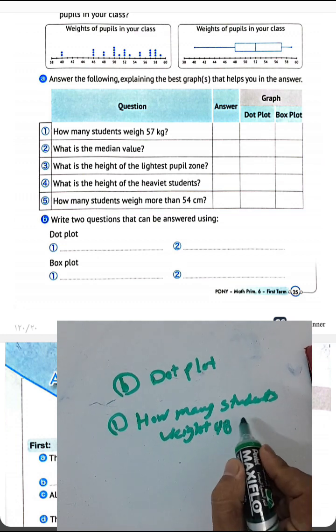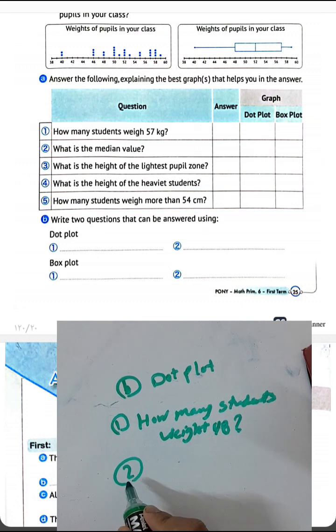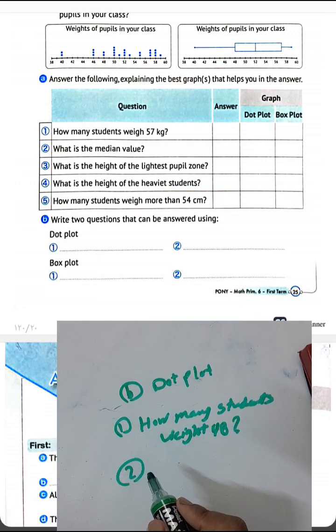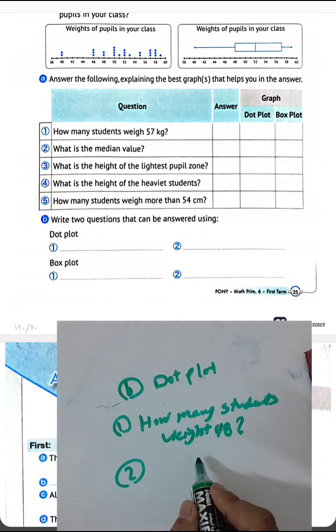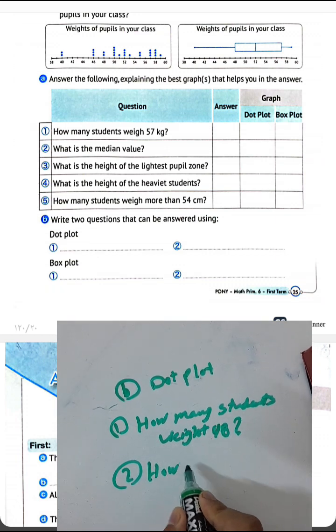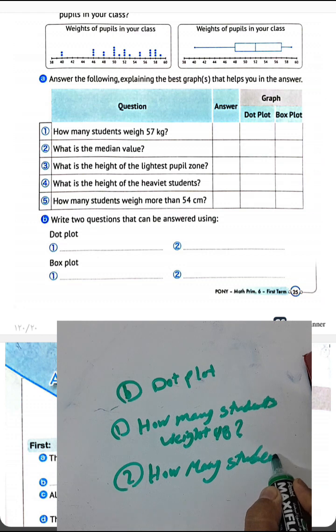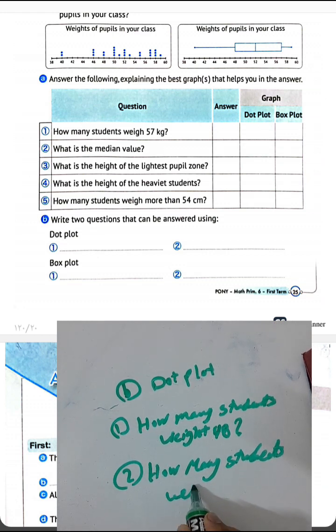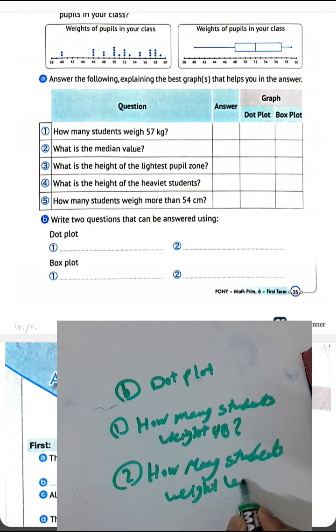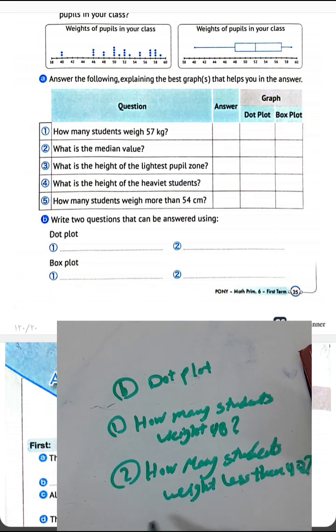Okay, 48. Number 2. How many students with less than 48?